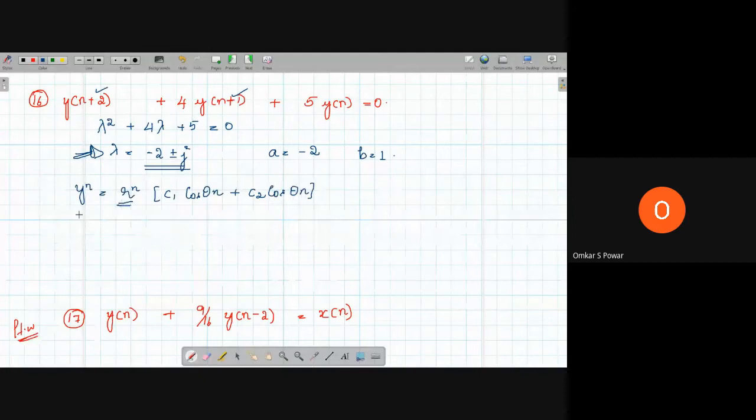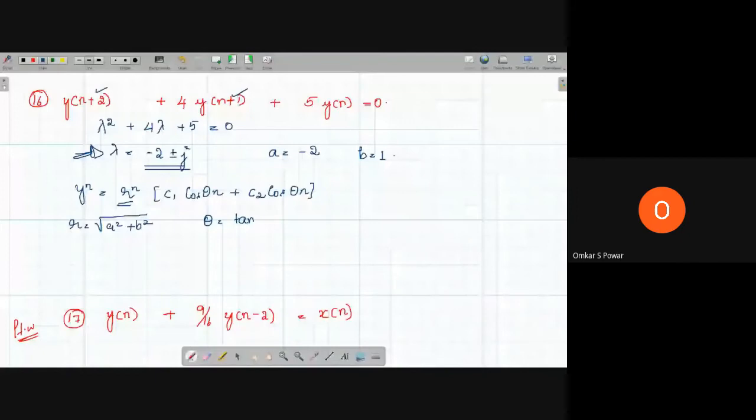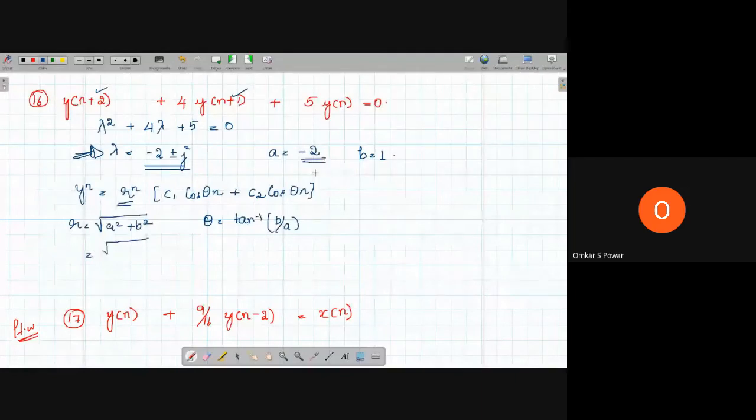R is equal to root of a square plus b square, and theta is equal to tan inverse of b by a. Let us substitute a is equal to minus 2 and b is equal to 1. So minus 2 the whole square is 4 plus b square is 1, so we will get root 5.